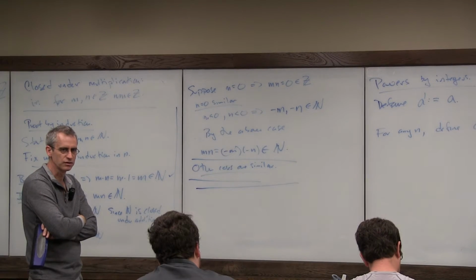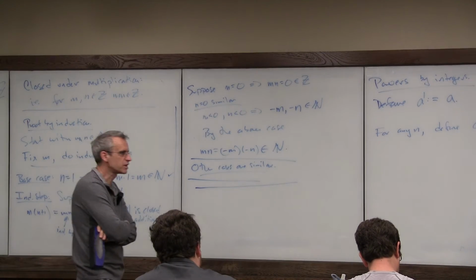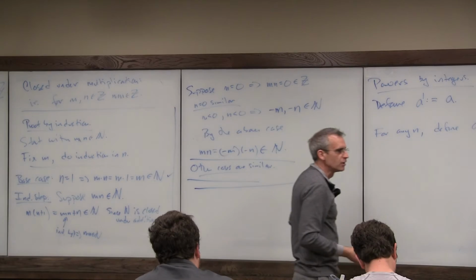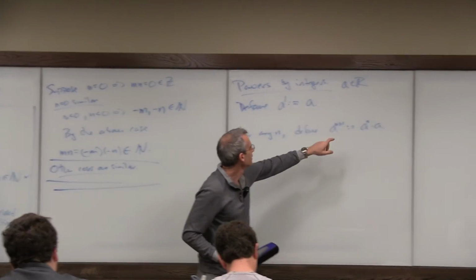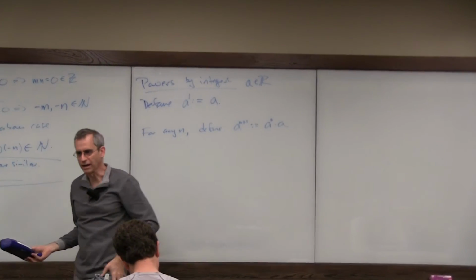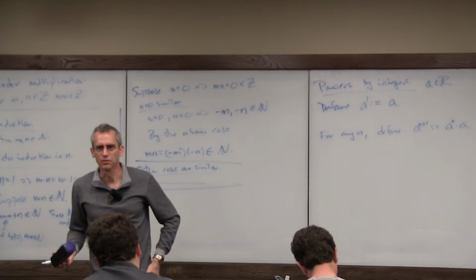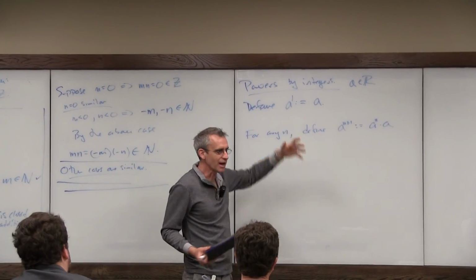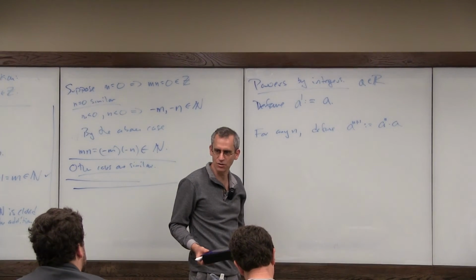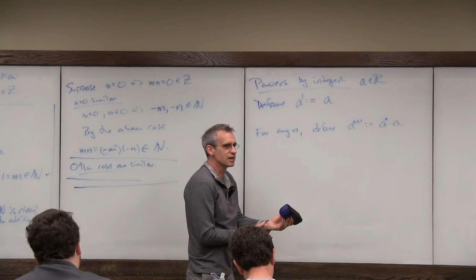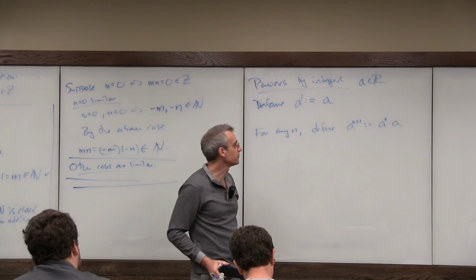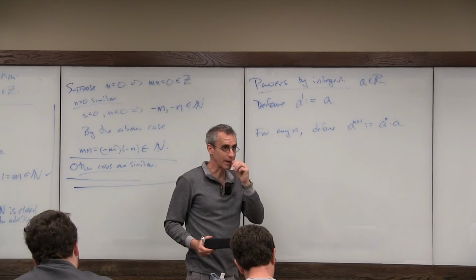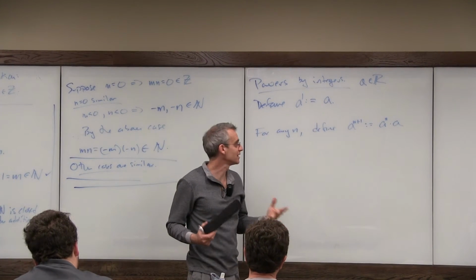Because we have induction. And so let's consider the statement that we have defined A to the n for all n. Is this a true statement? Well, we'll do it by induction. Have we defined A to the 1? Yes. Okay, so the base case is correct. The next statement is, well, if we have defined it for A to the n, have we then defined it for A to the n plus 1?